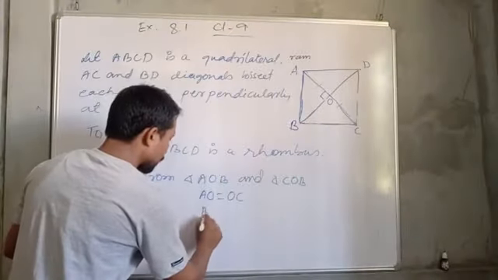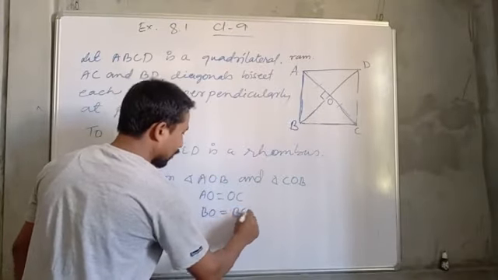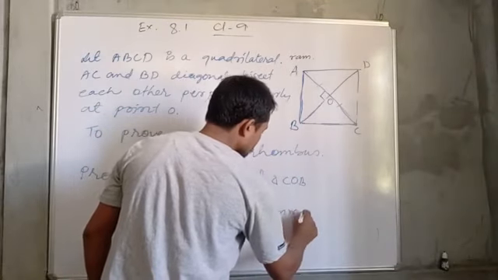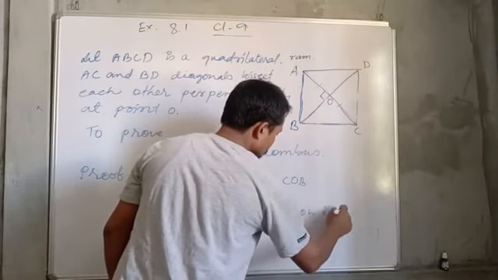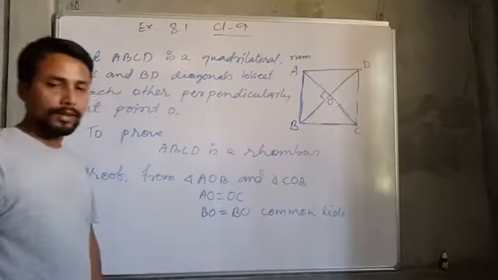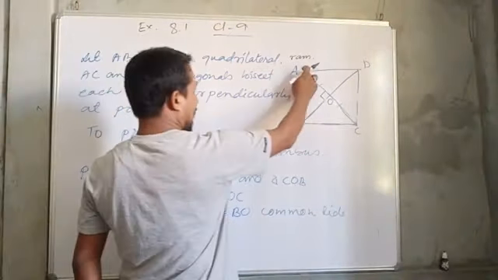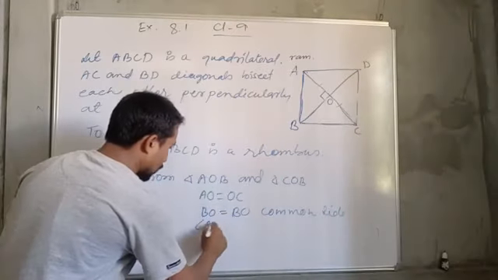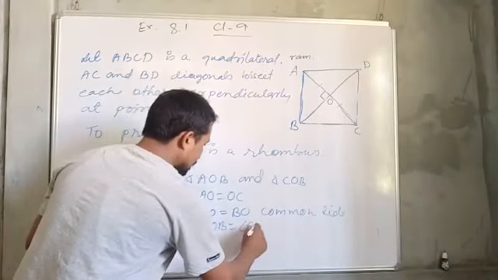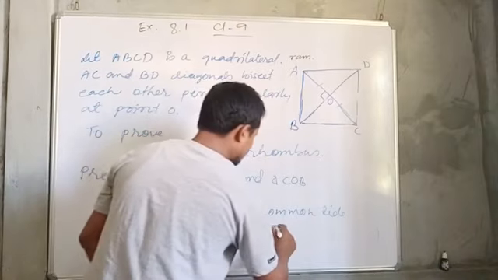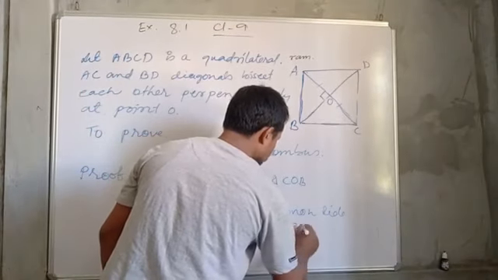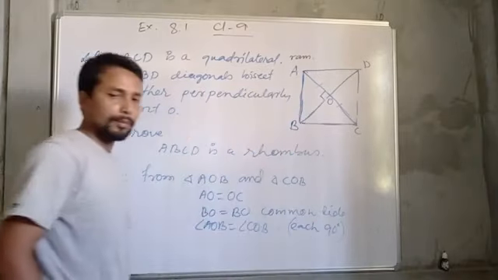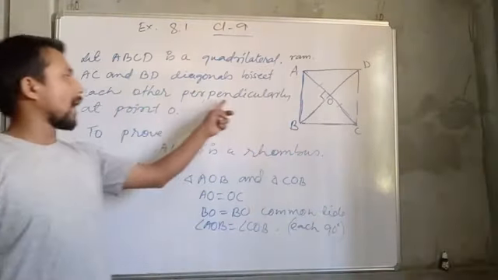BO equal BO. This is a common side. Then angle AOB equals angle COB, each angle 90 degrees, because they are bisecting perpendicularly.